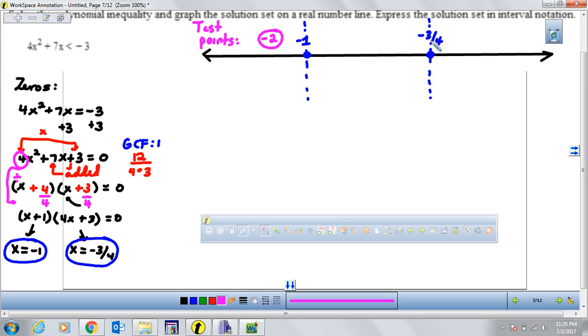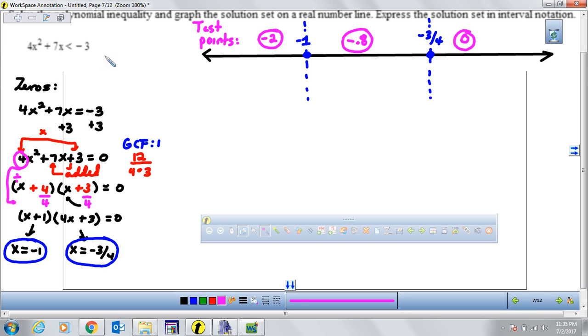Keep in mind that negative 3/4 is negative 0.75. So we have negative 0.8 or negative 0.9 or negative 0.95, negative 0.85, and so on. So I'm just going to use negative 0.8. Anything after negative 0.75, I can use 0 or 1 or 2 or 3 or 4. So I'm just going to pick the 0.